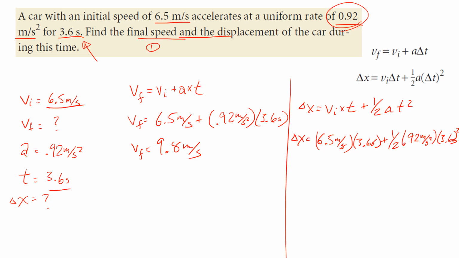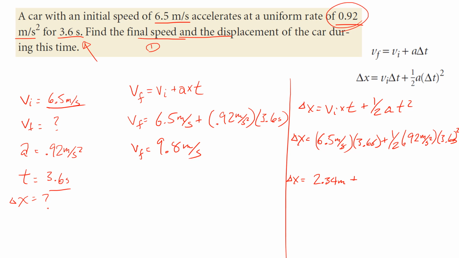Good. So I'm going to do some simplifying. My displacement is going to be 0.65 times 3.6, and I got 2.34 meters, right? That's just the velocity moving this thing forward. But what about how far the acceleration moves it forward?